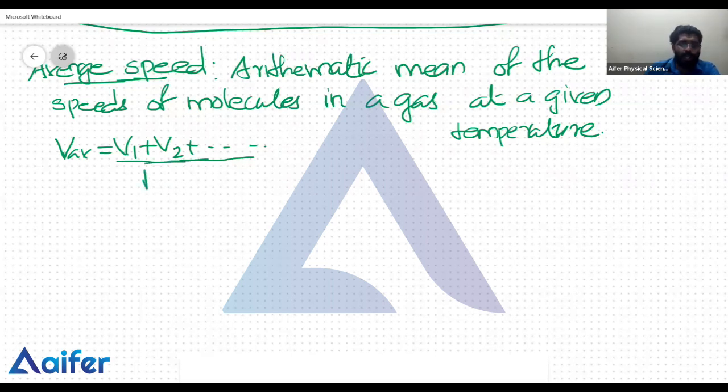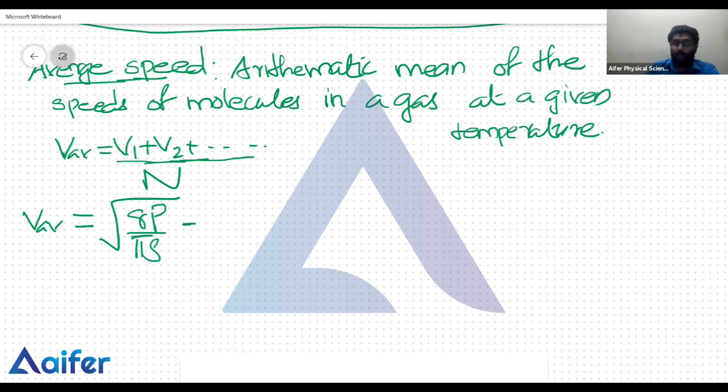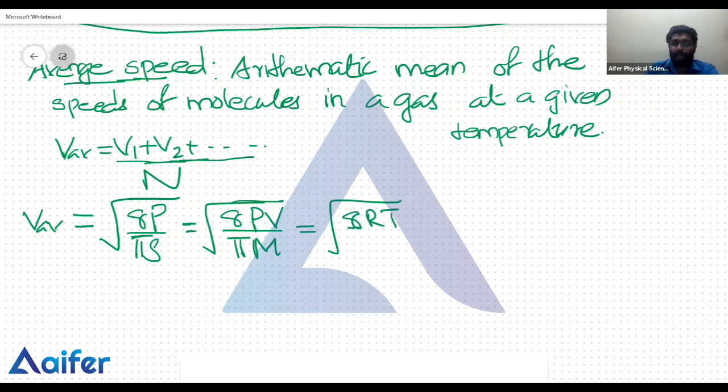So average speed is root of 8P by pi rho, which equals root of 8PV by pi m, so you can write it as root of 8RT by pi M or root of 8kBT by pi m.